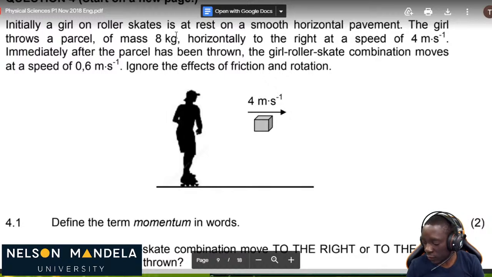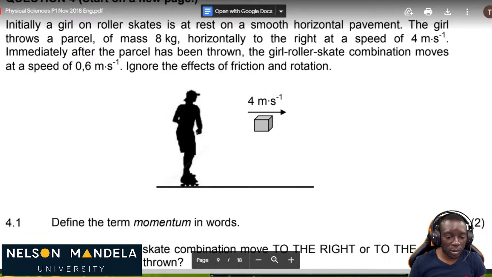Okay, let's just give it a subscript L, right? So the roller skate and the girl will both move at the same speed VL, which is 0.6 meters per second with a negative because it's to the left. So this one we'll call minus 0.6 meters per second. So this is all the given information, and with this we should be able to find the mass.